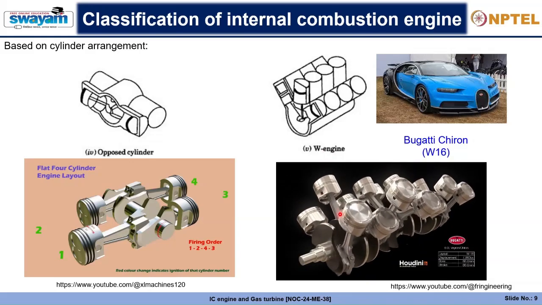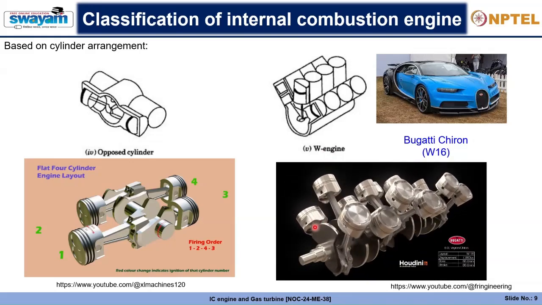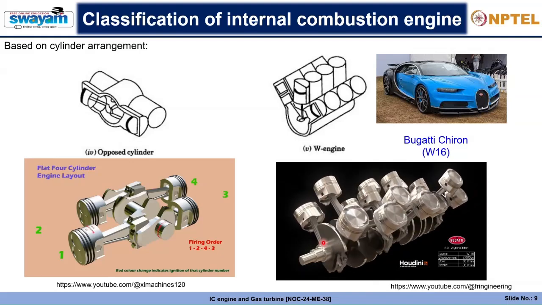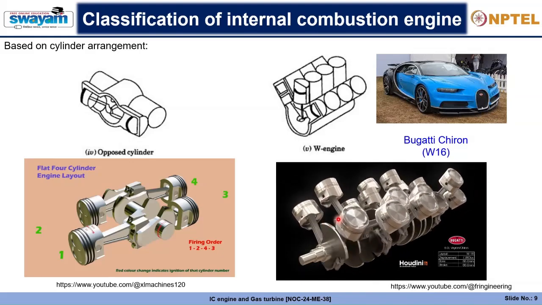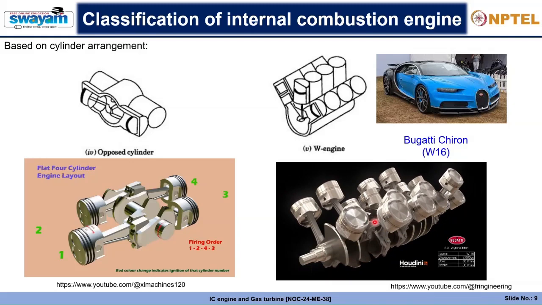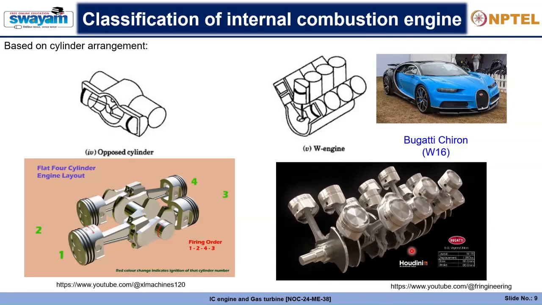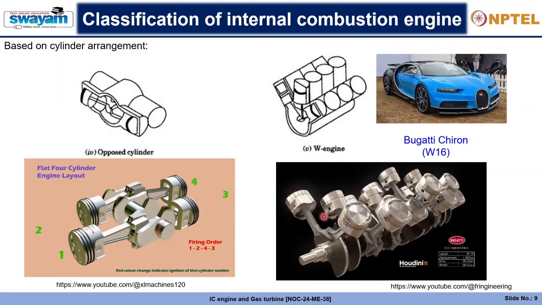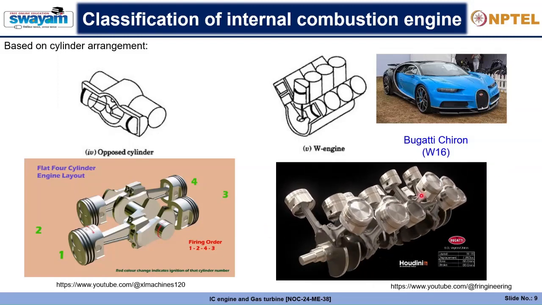You see the W type. This is not exactly V type; it is W. The piston here comes in between the spaces of these two, although they are joined separately on the crankshaft. This is how a W16 engine works, called W16 because the total number of cylinders is 16.